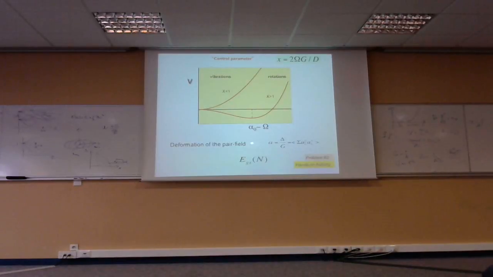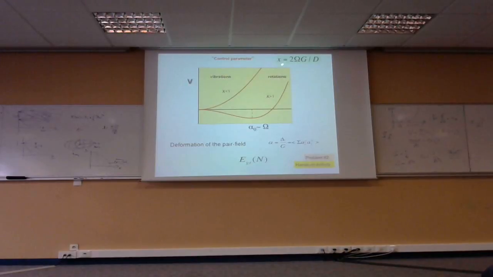That will be a BCS solution. Here the potential is at 0, which means that there is no permanent deformation in the pairing degree of freedom.